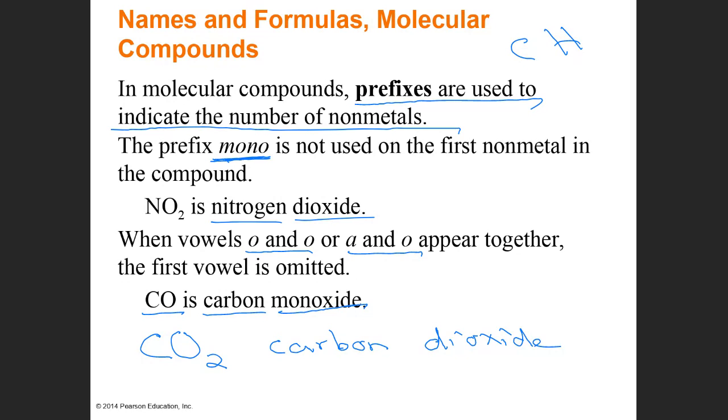Okay, I cannot just say carbon oxide because when they share electrons, they're not forming charges. So I cannot, just by saying the type of atom that's combining, that's not enough information for me to derive a formula. So we need to give more information in the name.